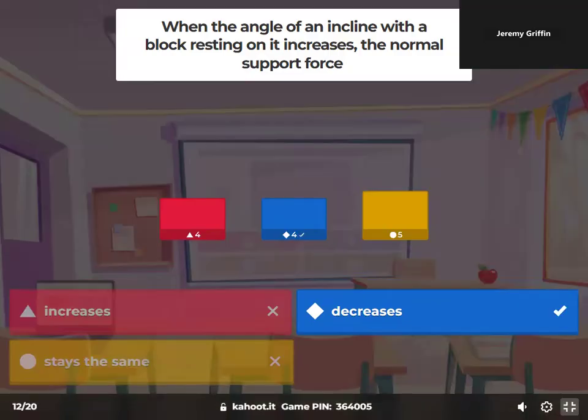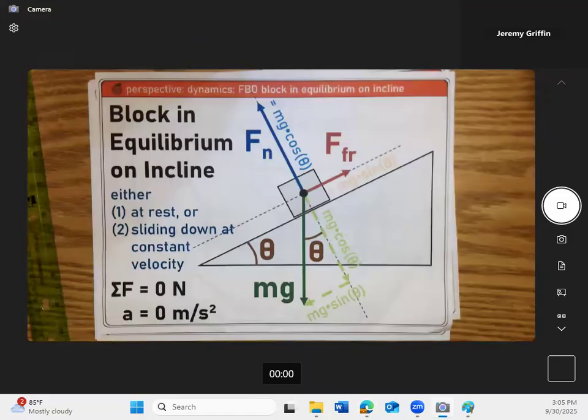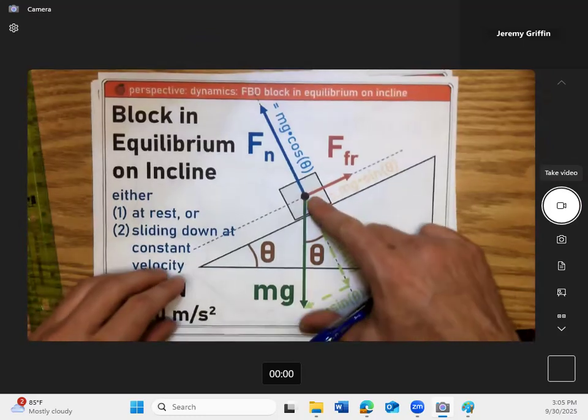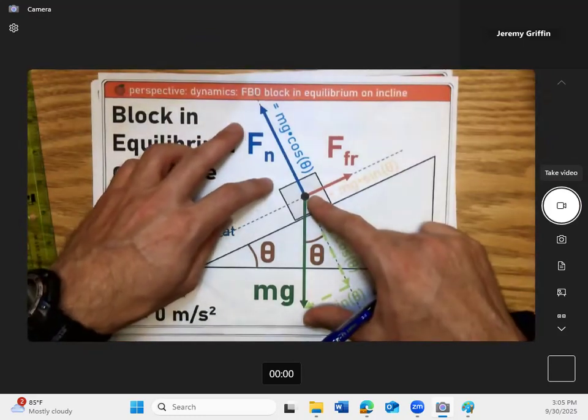Ooh, all right, yeah, it's got to decrease, right? So the weight of the block stays the same. The normal force changes, right?